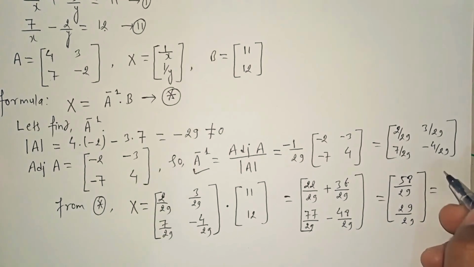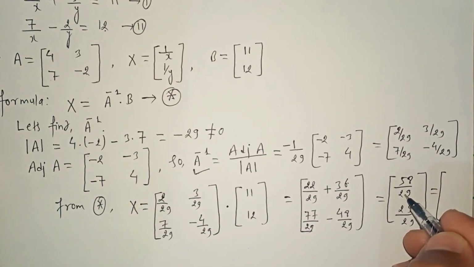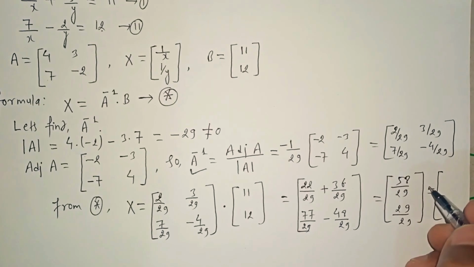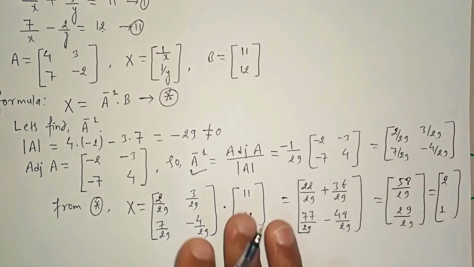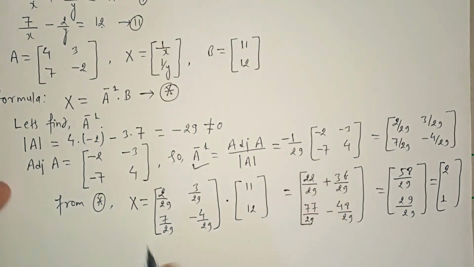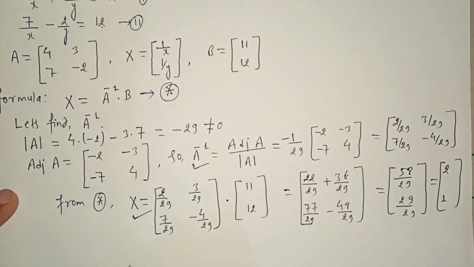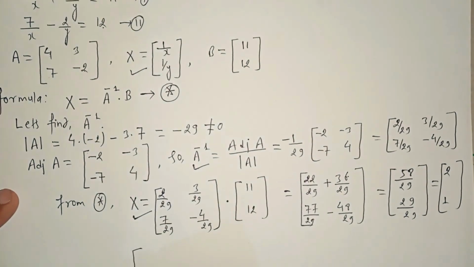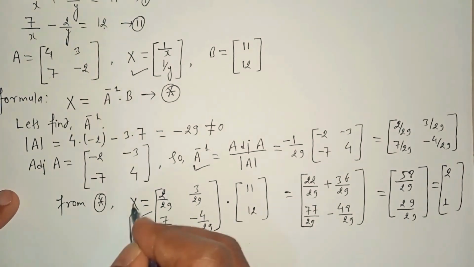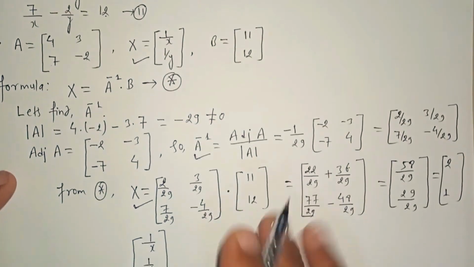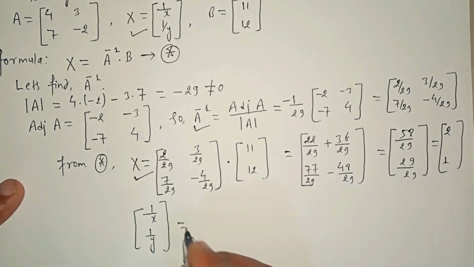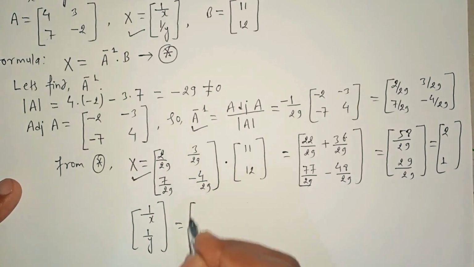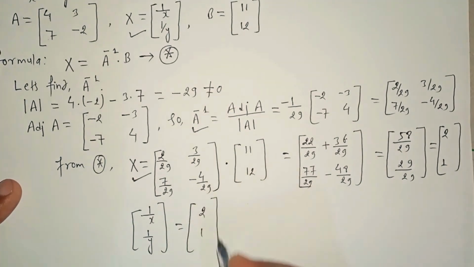And finally, the result is: 29 times 2 will give 58, so this is 2, and this is 1. This is the value of X. The matrix X is 1 over x, 1 over y, and this equals 2, 1.